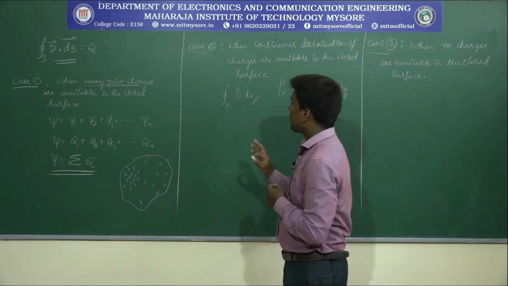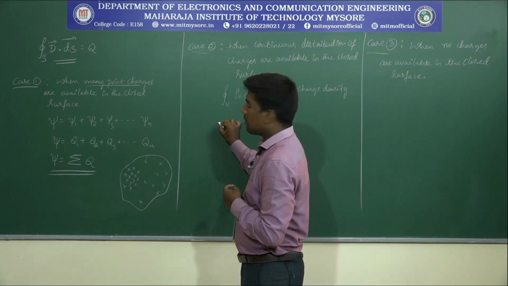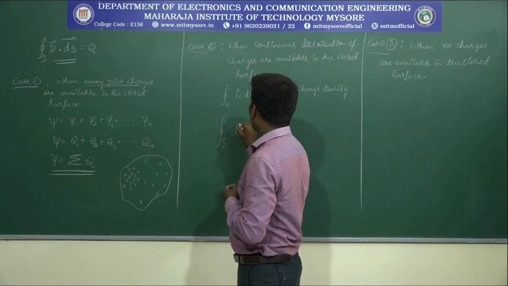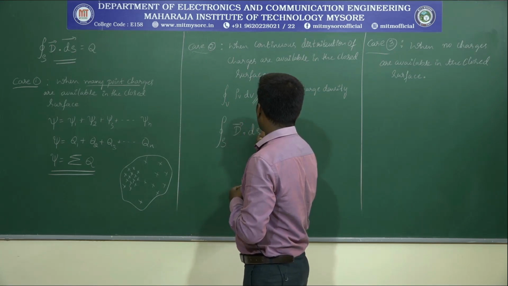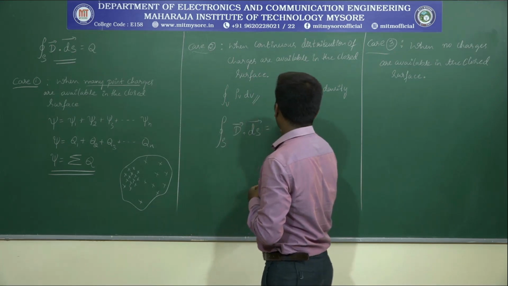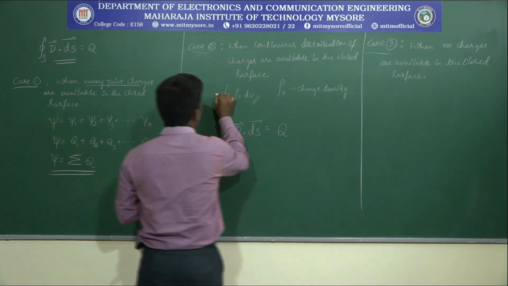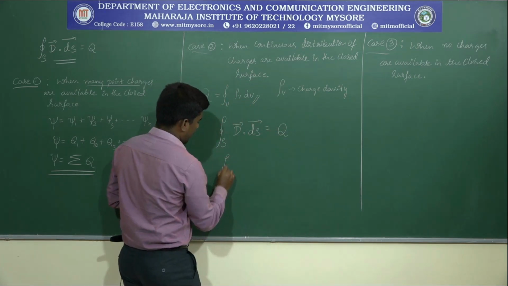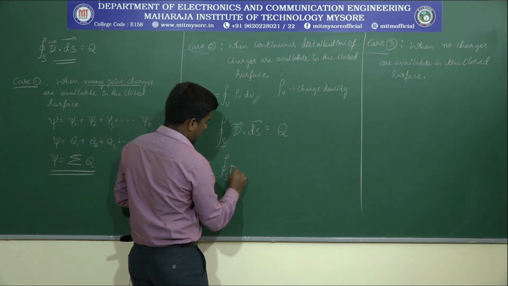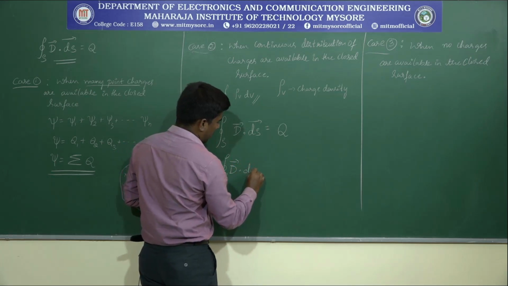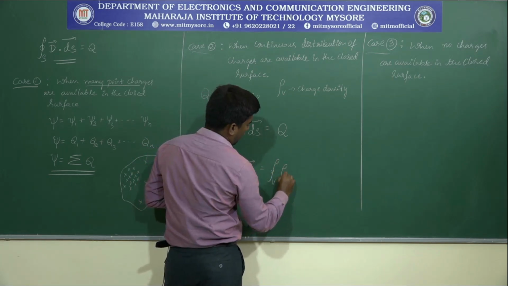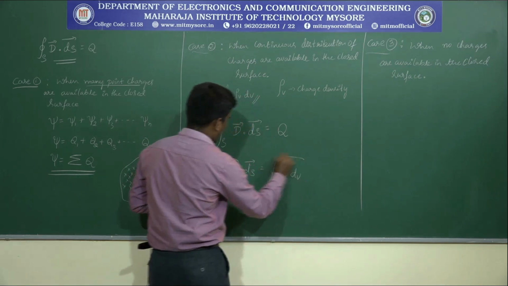Under this circumstance, Gauss law can be written as the surface integral of D dot dS is equal to Q, where Q can be evaluated as the volume integral of rho v into dv.